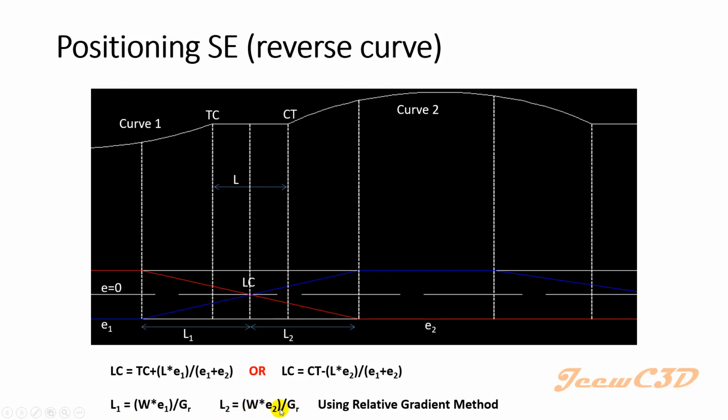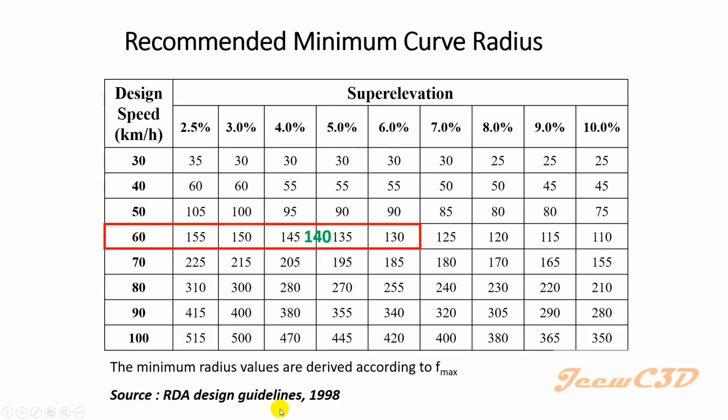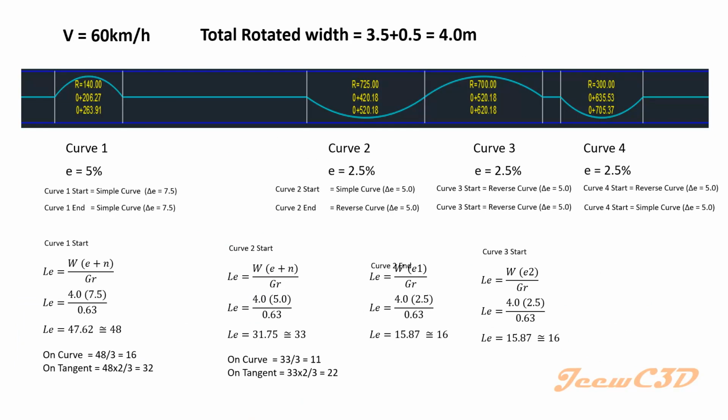So here W E1 over GR is 4 into E1, which is the super elevation 2.5, over GR 0.63. In this case, we are just rounding to a full value, zero decimal places. We are not rounding to a value divisible by 3, because we are not positioning the super elevation development in 1/3 or 2/3 here, just putting this value.